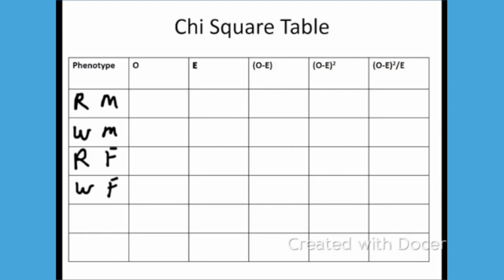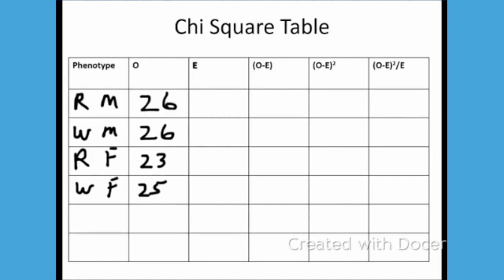Now our observed numbers are what we actually got when we did the cross. We got those from the stem of the problem. And the stem of the problem told us that there were 26 red-eyed males, 26 white-eyed males, 23 red-eyed females, and 25 white-eyed females.